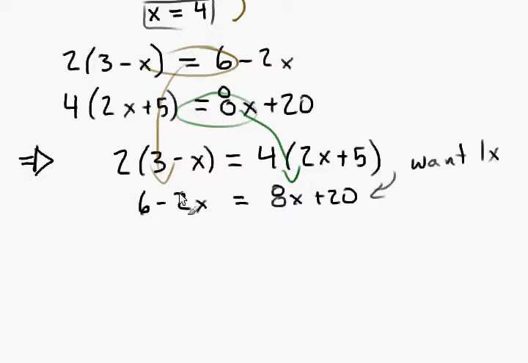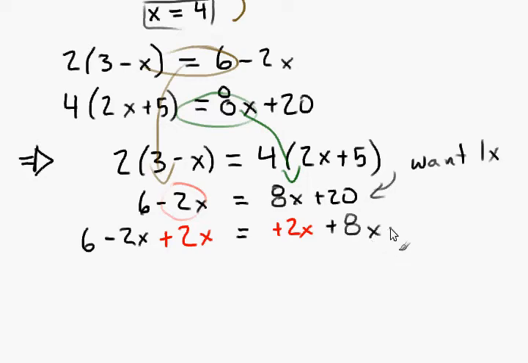Well, we'll go ahead and we'll say 2x. We'll add 2x to you. And remember, we have to do this to both sides. We'll fill in the rest of the problem around that. And we'll have 6 is equal to 10x plus 20.